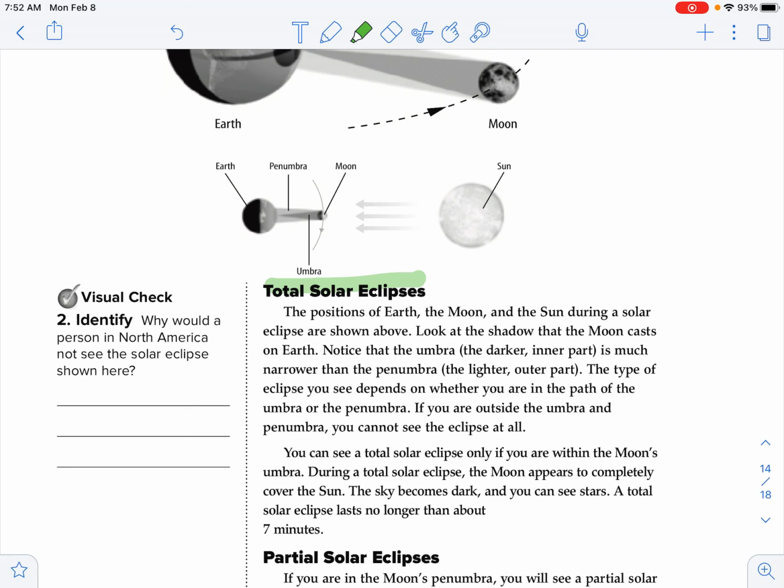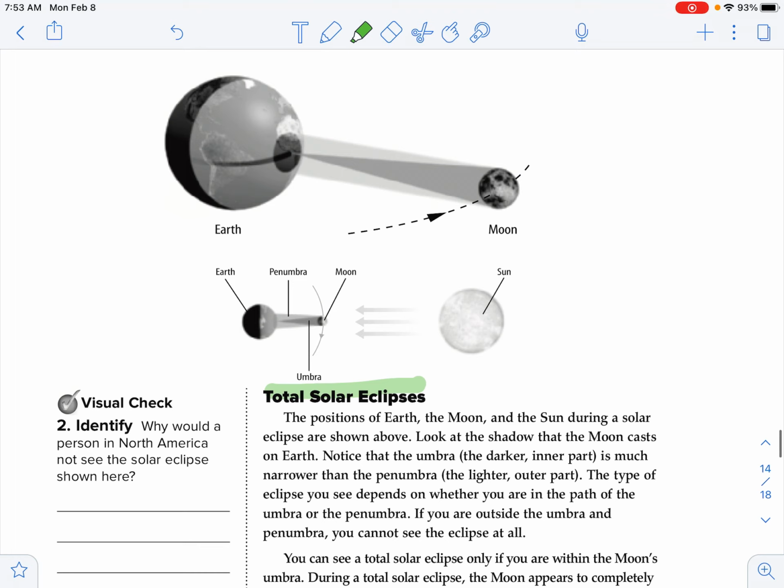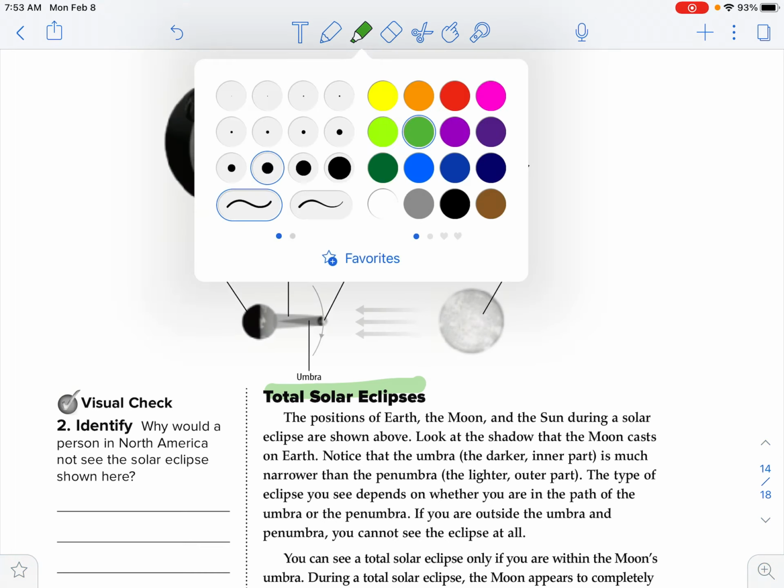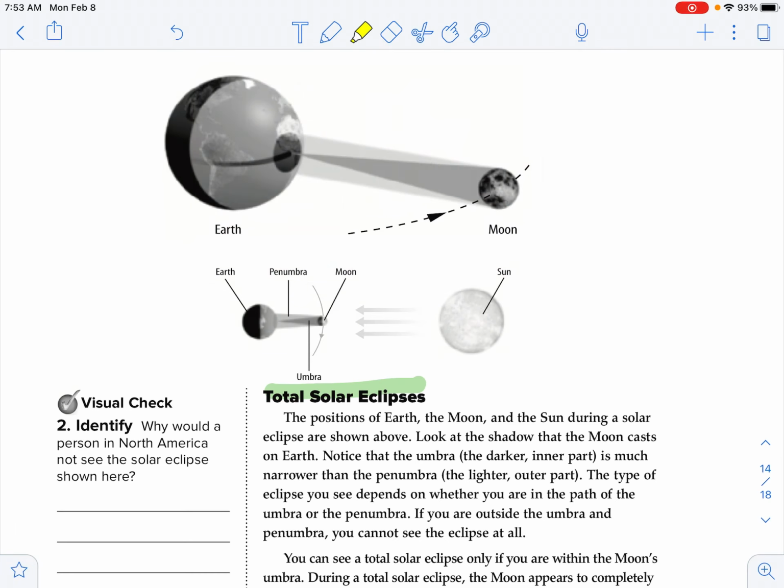The position of Earth, the moon, and the sun during a solar eclipse are shown above. So what we've got here, I'm going to switch this to yellow. We have the Earth and the moon, and the moon is going in its orbit around the Earth, right?